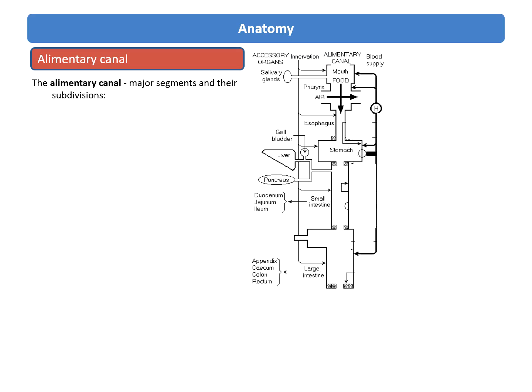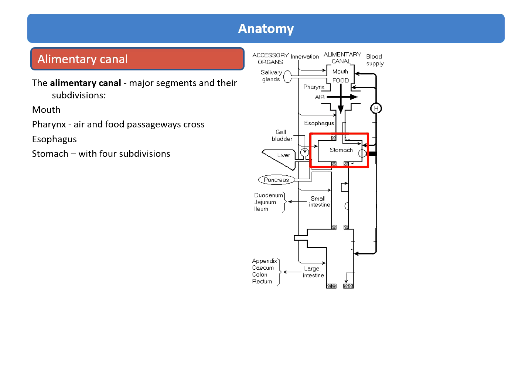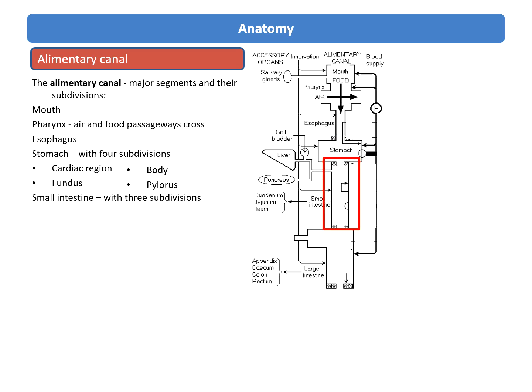Let's look at the major segments and their subdivisions. There's the mouth, the pharynx, which is a region behind the mouth in which the air and food passageways cross. The esophagus, the tube between mouth and stomach. The stomach with 4 subdivisions: cardiac region, the fundus, the body, and the pylorus.